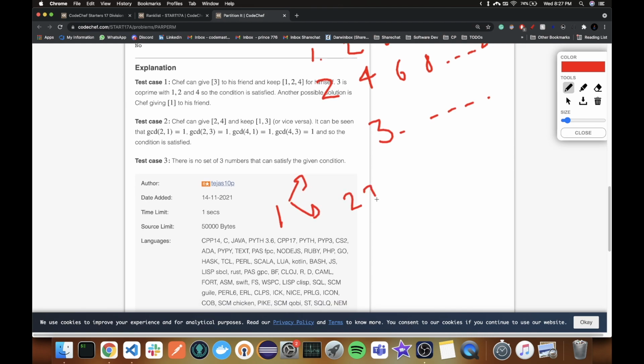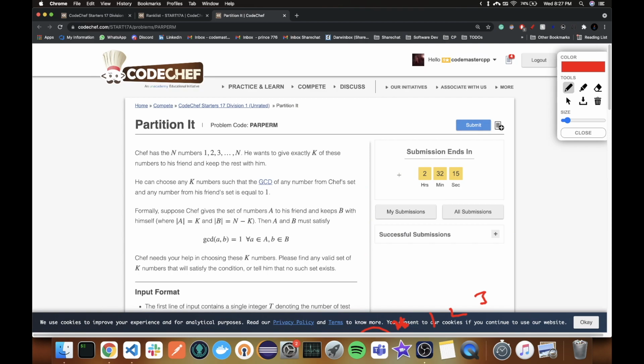Okay, I have 2, 3, 4, n by 2. This is important. And n. So all of these values, I'm only taking multiples. I have to take GCD as well.